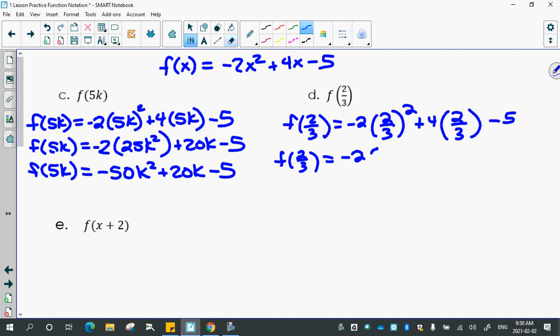So when you square a fraction, you square the top and the bottom, so you get 4/9 there.